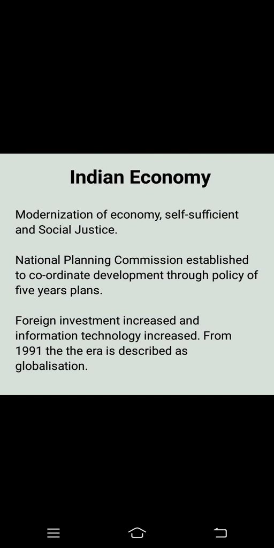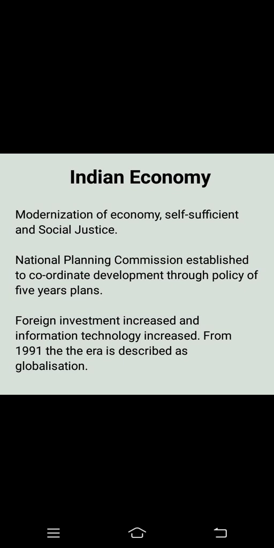Second thing is self-sufficiency, which means growing everything in the country and not purchasing from other countries. Third one is social justice. We had a weaker section in our country which was not able to contribute to the development. So it is very important to uplift the weaker ones so that the whole development will be visible.